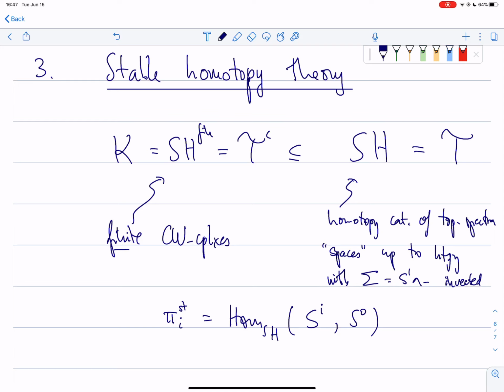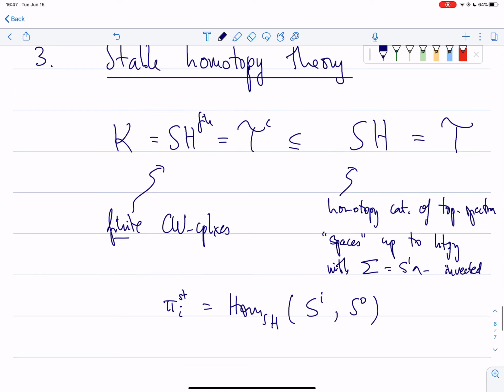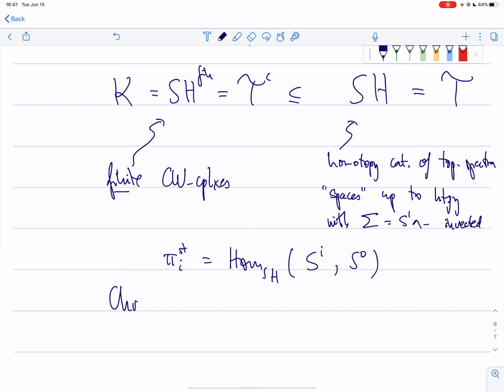And then the so-called chromatic theory is another ancestor. Actually, it is probably an ancestor of Thomason's work. So it's probably the most, the oldest example of this theory.